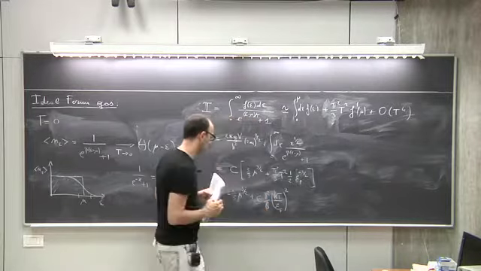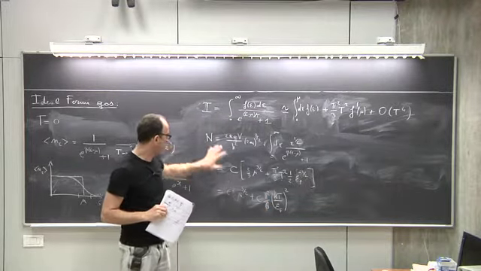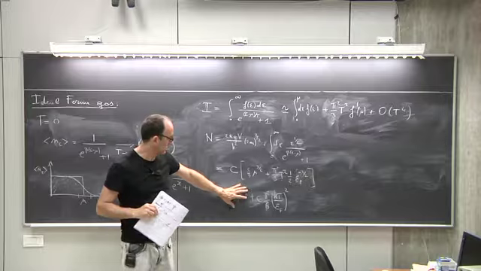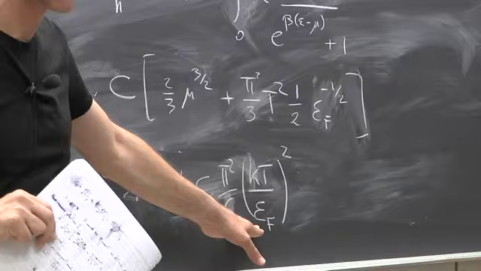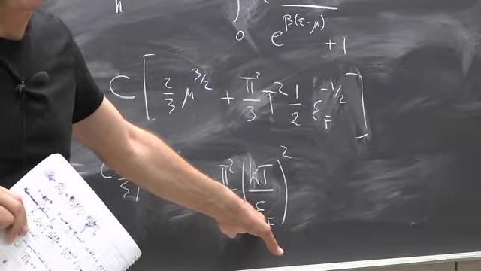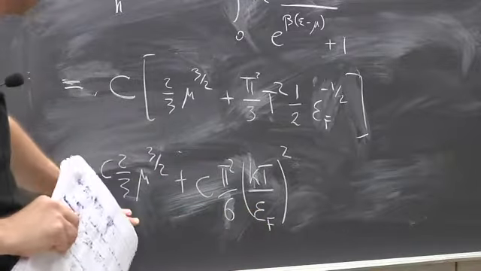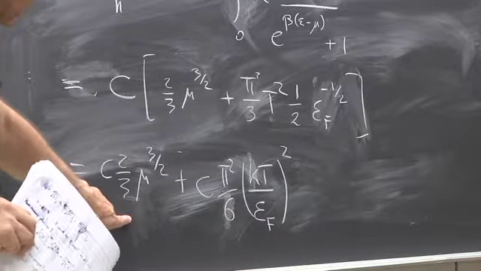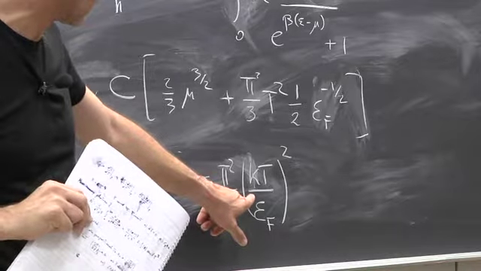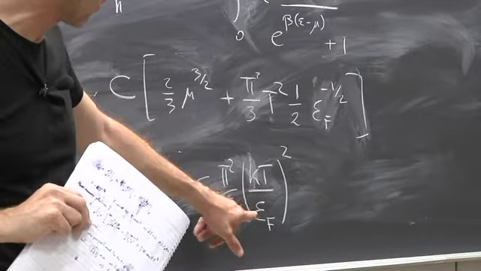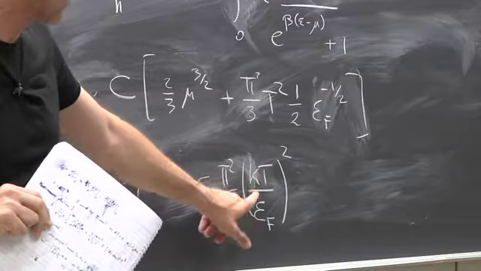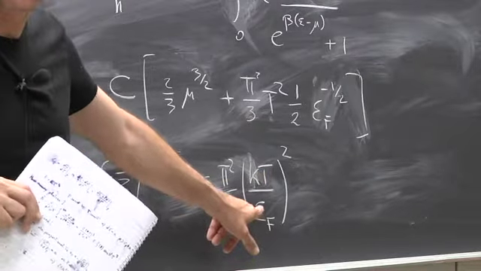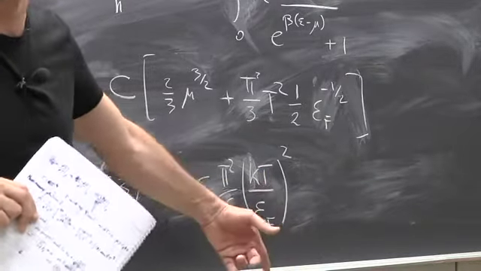Okay. So this is the equation which you have at temperature 0. The correction which you have is of order t squared. So your chemical potential will be the Fermi energy times a correction which is of relative order kT over epsilon f squared. Okay.